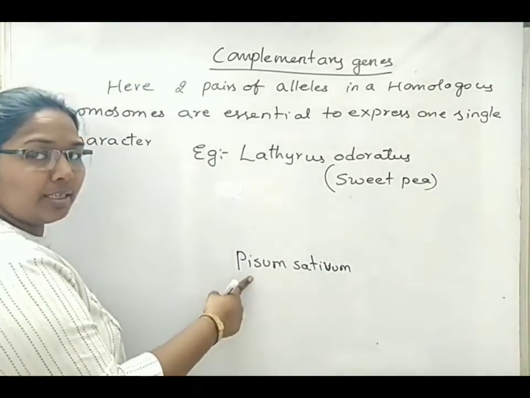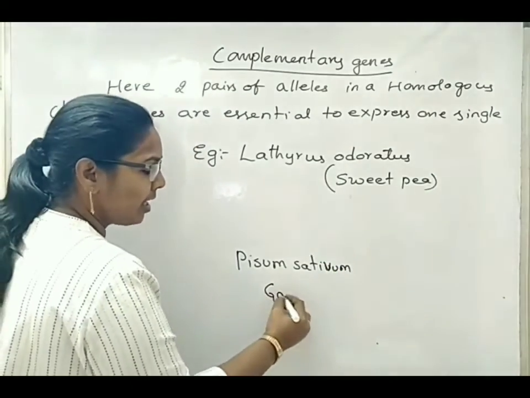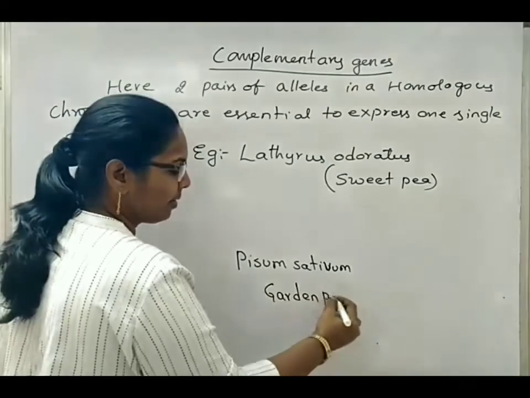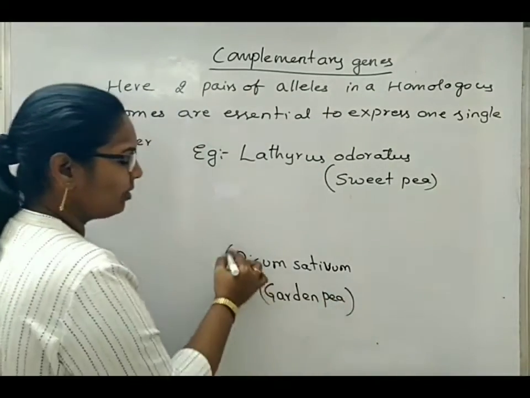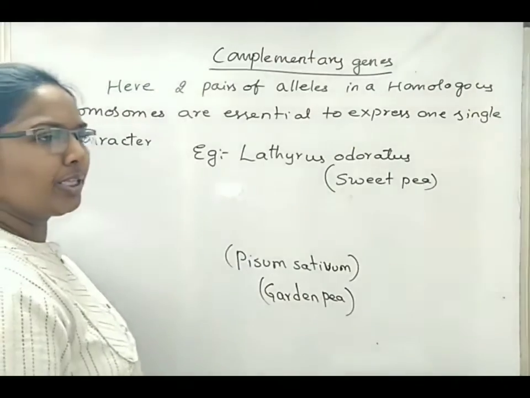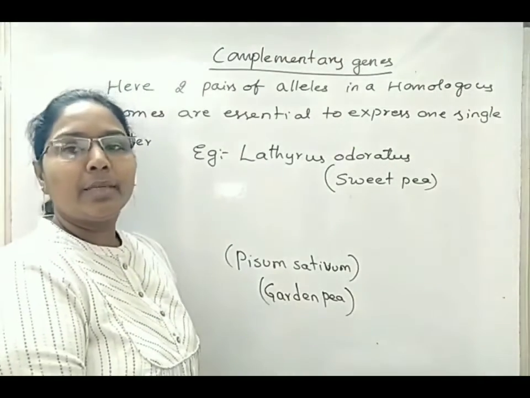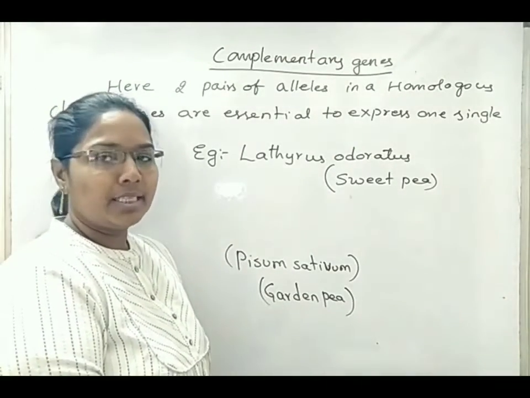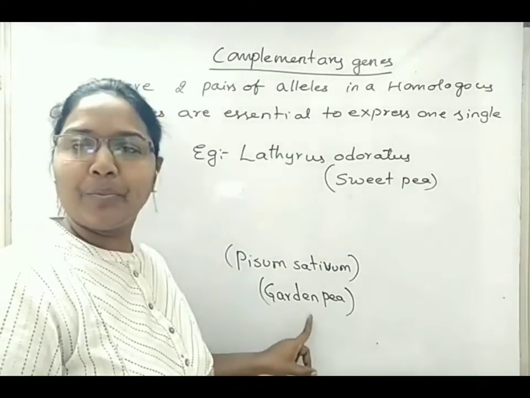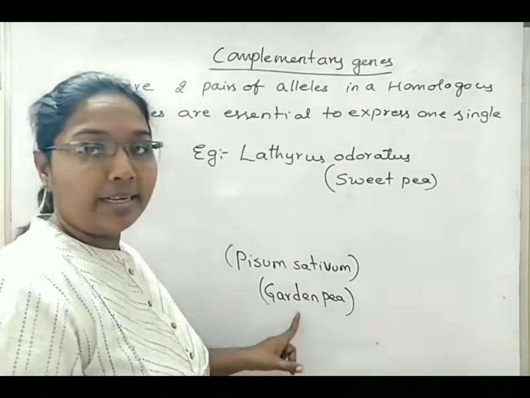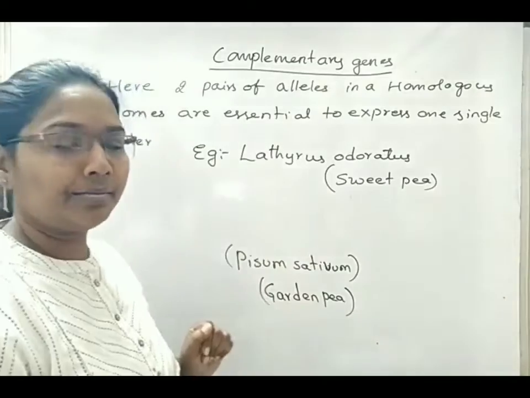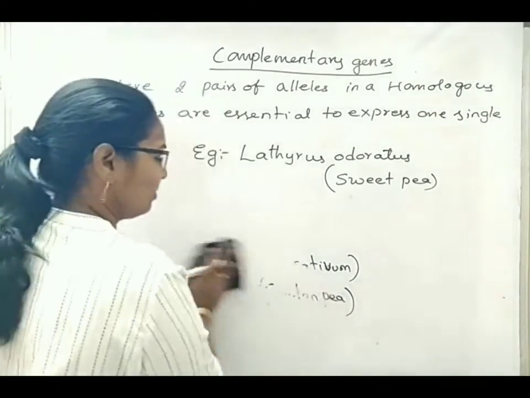This is the botanical name and the common name is garden pea, which we frequently mention when studying Mendel's contributions and his laws. The pea plant that he took for his experiments is garden pea, not sweet pea. And this is edible. This is poisonous.